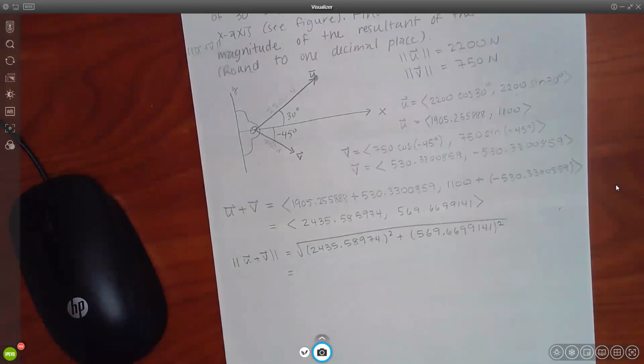So 5.58974 squared plus 569.6699 squared equals, and then take the square root of that.